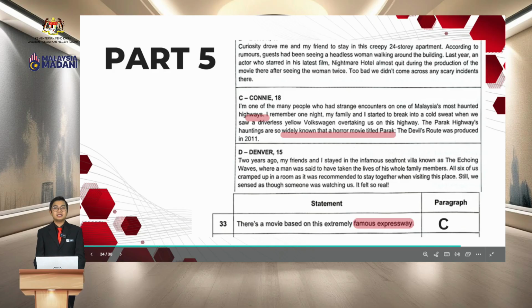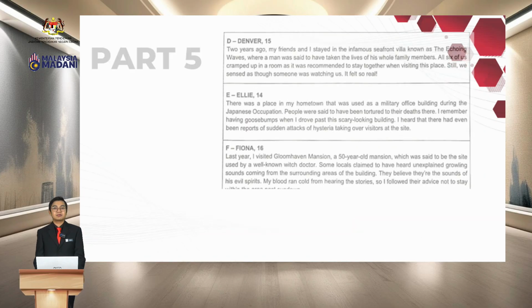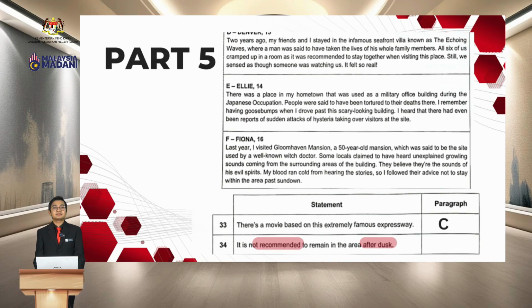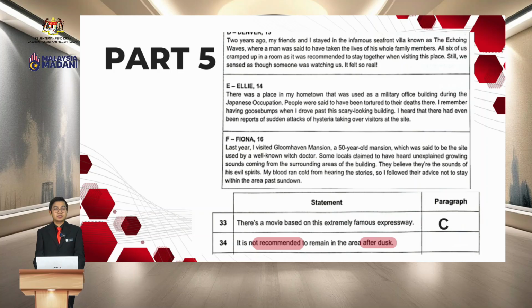Now let's try another question. Question number 34. The keywords in the statement in that question are: it is not recommended to remain in the area after dusk. Those 2 highlighted phrases are the keywords that we need to find from the text.